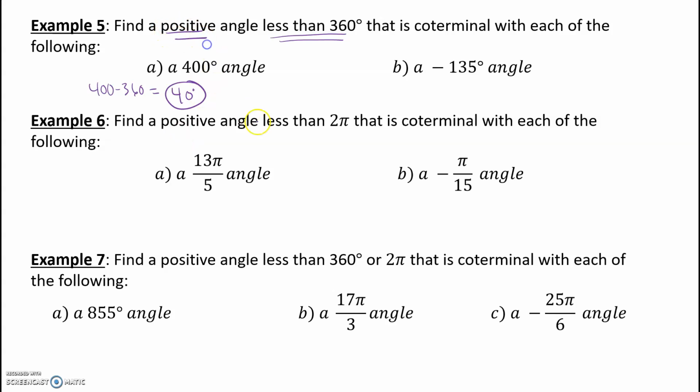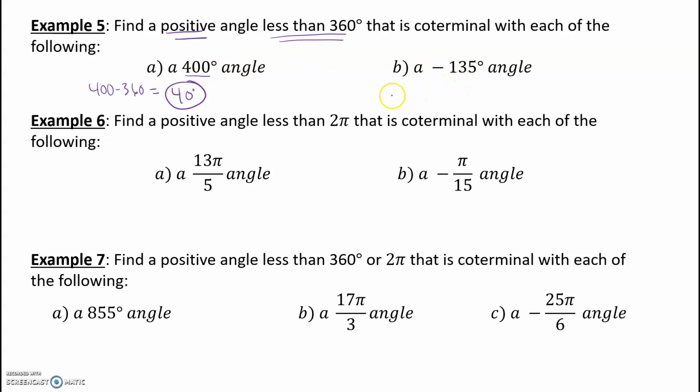Again, positive angle. If you wanted to, you could subtract 360 again, and again. They're all going to end in the same spot. So what this is saying is 400 degrees, if you graph it, should have the same terminal side as 40 degrees. They should be in the same spot. It's just one extra lap around.